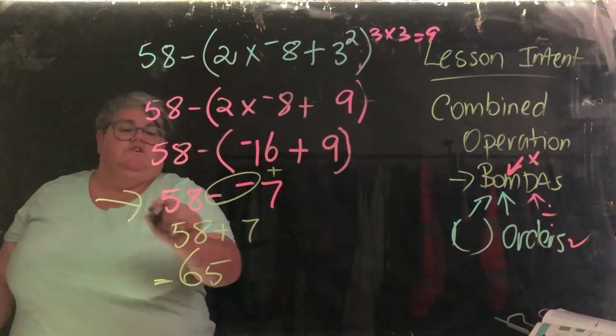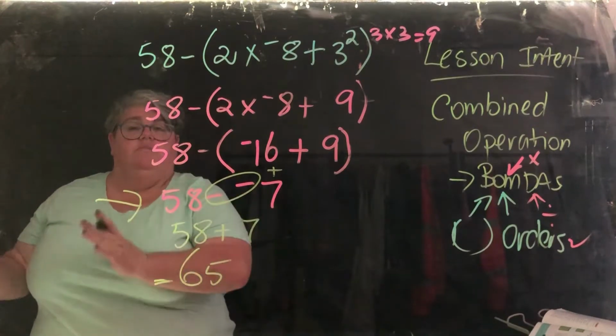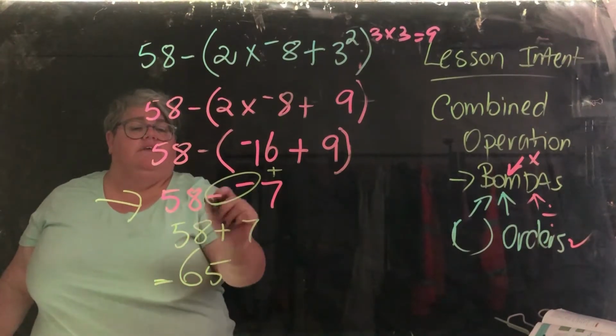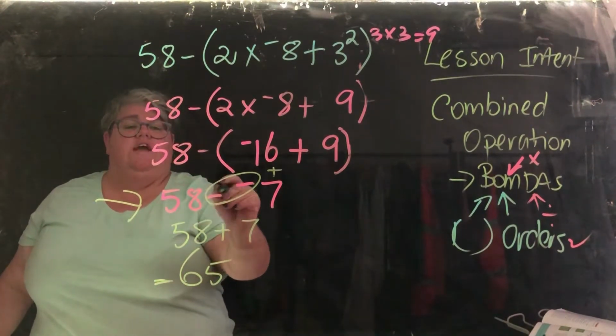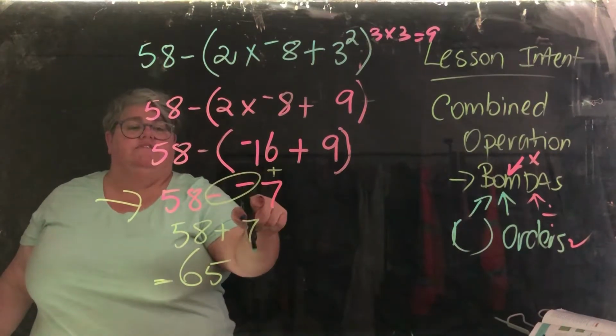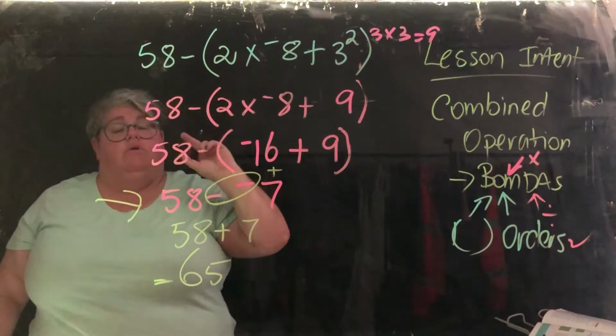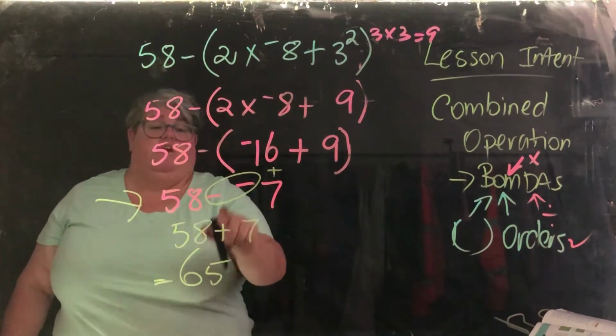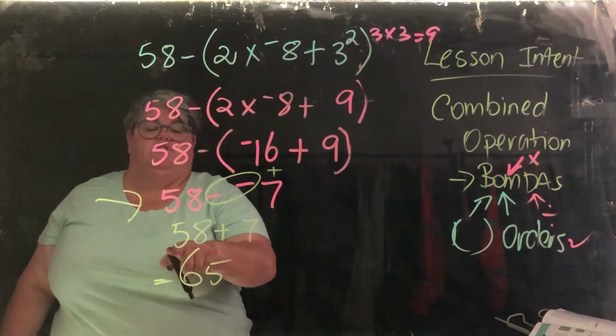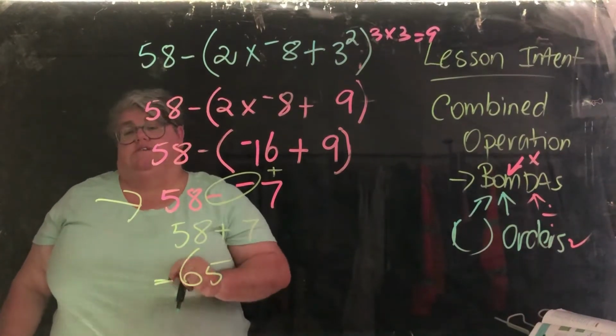If this part confuses you, have a look at your number line. Have a look at your calculator, making sure you're putting 58 take -7. It's a positive. Or once you get practice at it, you can just do it mentally and go, oh, 2 negatives make a positive, so I'll just go 58 plus 7 is 65.